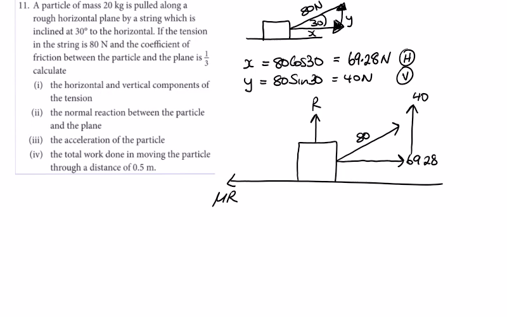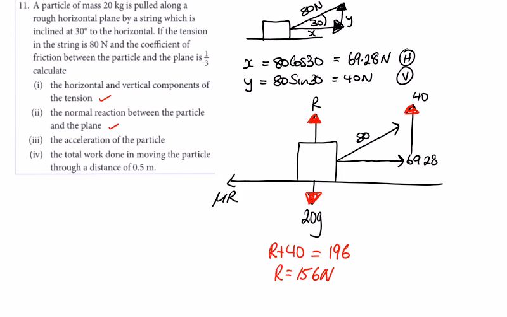And the mass 20 kilograms, so we have 20g going down this way. So resolving vertically, we have R and 40. So R plus 40 is equal to the opposing force going down, 20g, 98 twos, 196. So R, the normal reaction here, is going to be 156 newtons, which is number 2.